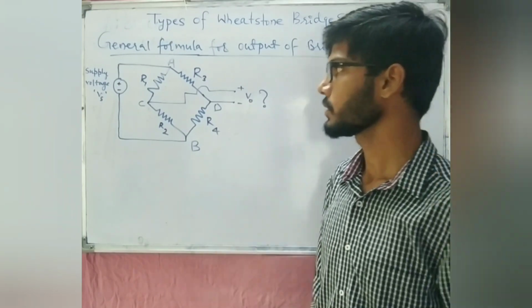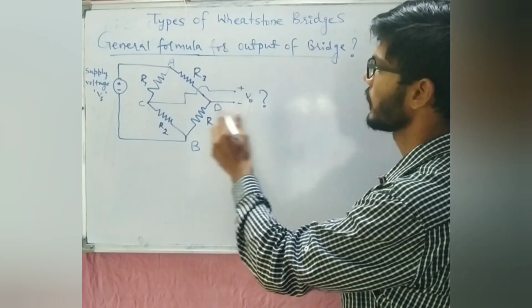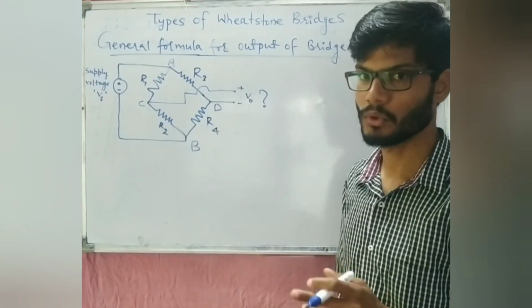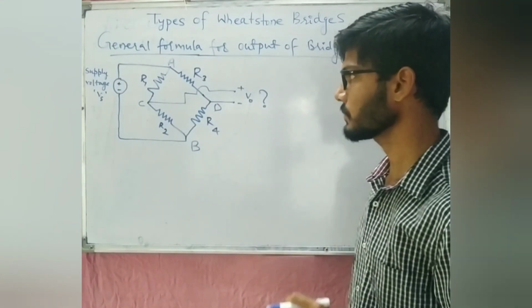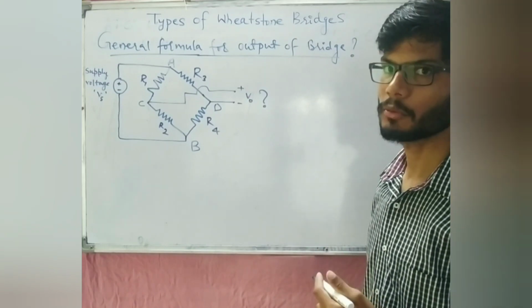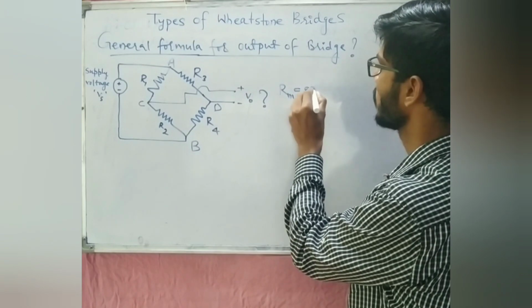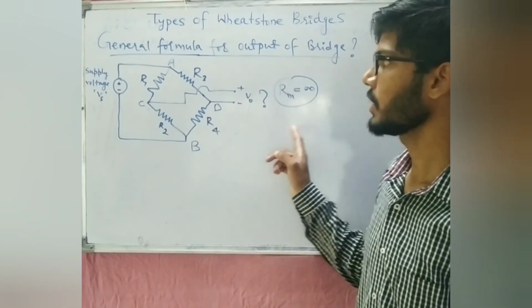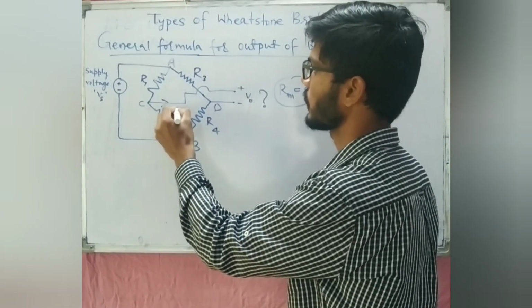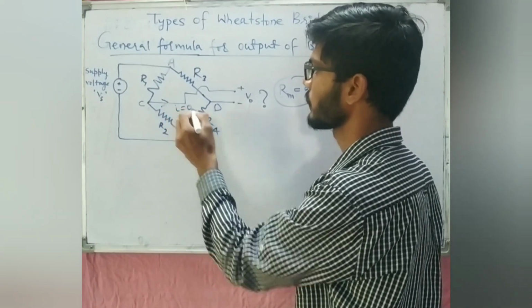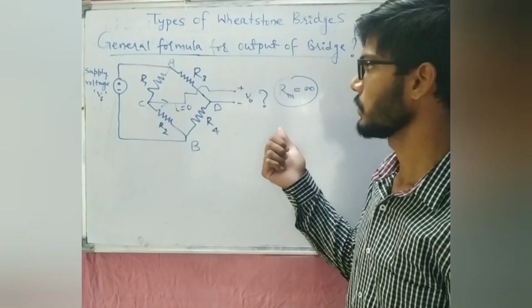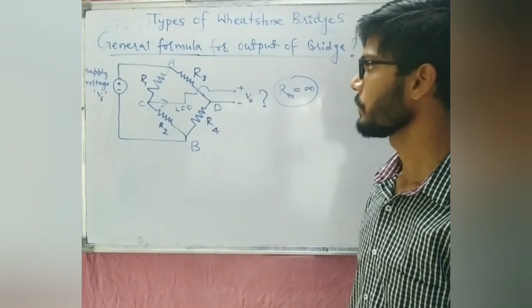Before we proceed further, always keep in mind that between C and D there is a voltmeter which is going to sense the output voltage. So the resistance of the meter should be infinite, so that it does not draw any current in this particular path. Only then will whatever we derive be applicable.